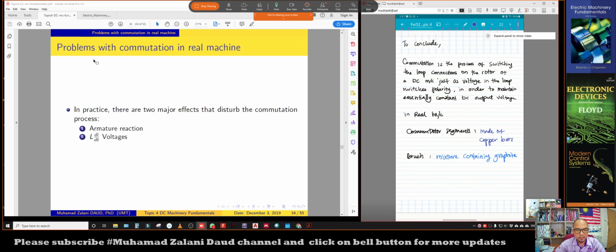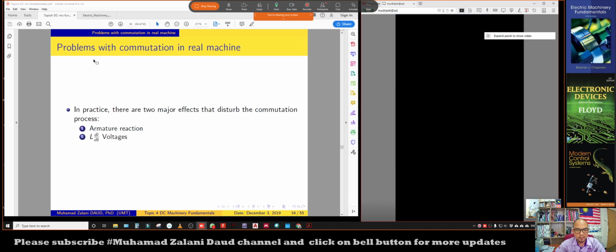In real machines, of course, it involves not only two poles but more than this. We are considering a two-pole machine, but in real machines there will be more than two poles, such as a 4-pole, 6-pole or 8-pole machine. Similarly, for the wire loops, we have discussed four loops here, but in real machines we will see more sets of wire loops, for example 8 loops in a 4-pole machine, and maybe even more loops and more poles, to make sure that the rotation of the machine is smooth.